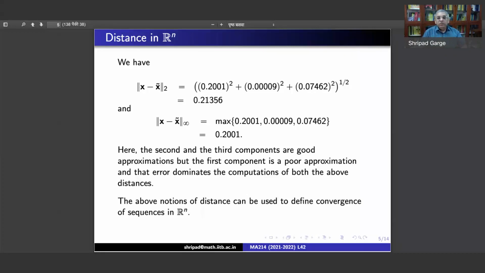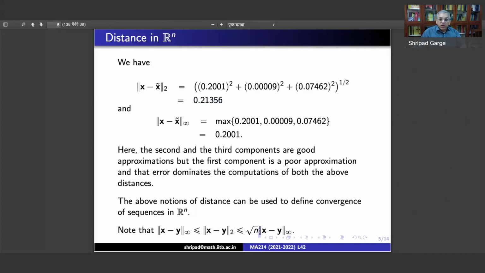And I will give you this basic inequality to tell you that whenever something goes to 0 in one norm, it will go to 0 in the other norm also. So if your L2 norm is going to 0, the L infinity norm has to go to 0, because the L infinity norm is always less than or equal to the L2 norm. 0.2001 is less than 0.21356.